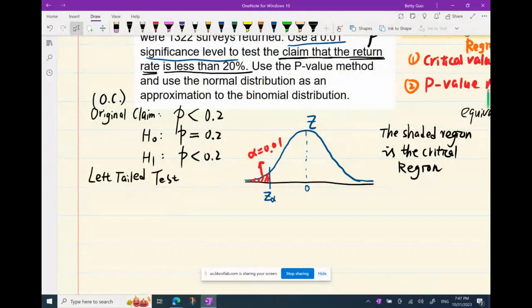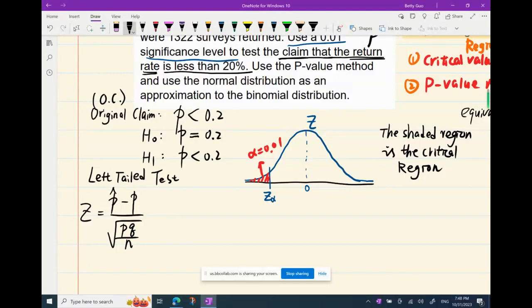Since alpha is predetermined, the critical region is also predetermined, because the critical region depends on alpha. Our z-score, because the first method is called the critical region method, is p hat minus p all over the square root of pq over n.